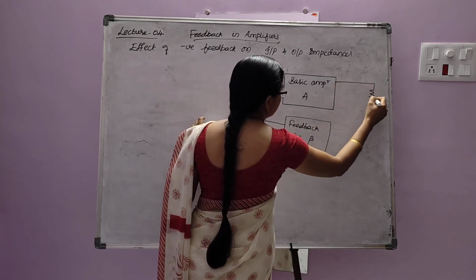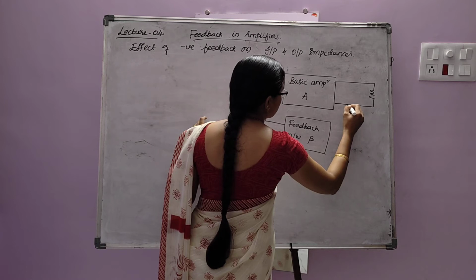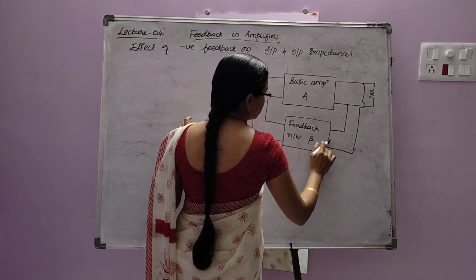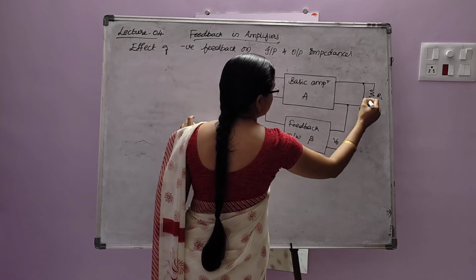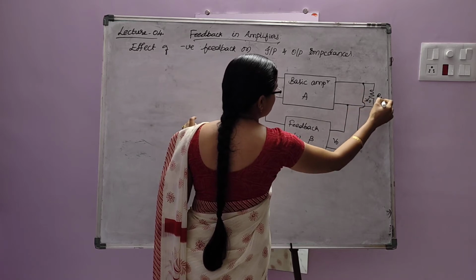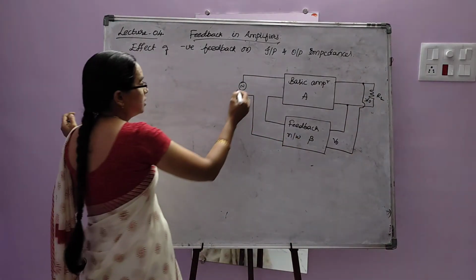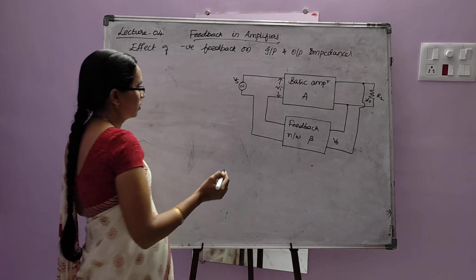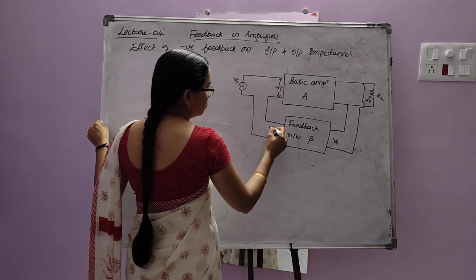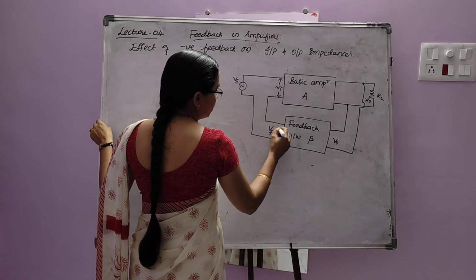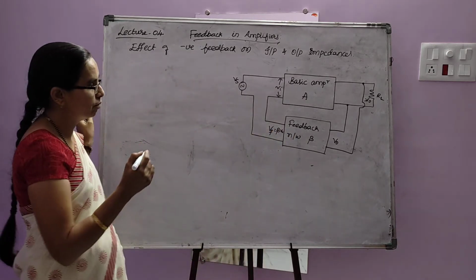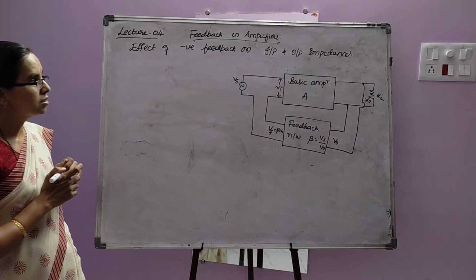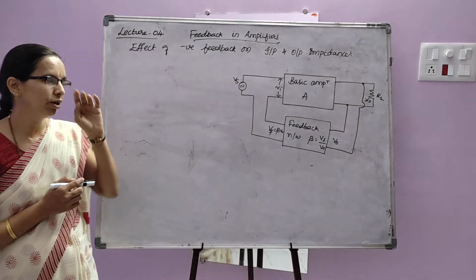And output side we have a RL, and it is a parallel connection, because we are taking the sample of voltage here, that is V0. Here we have a voltage V0 across RL, and it is the voltage Vs, and here the voltage Vi, and the feedback voltage is Vf, that is equal to beta V0, or beta is equal to Vf by V0. So this is the block diagram for voltage series negative feedback amplifier.